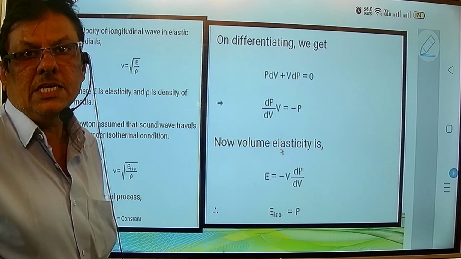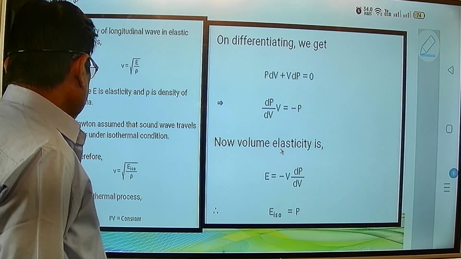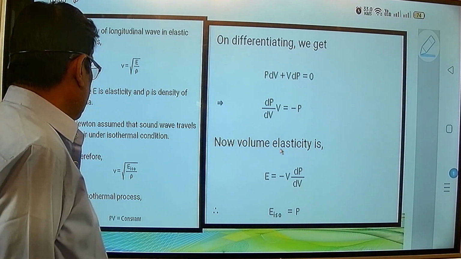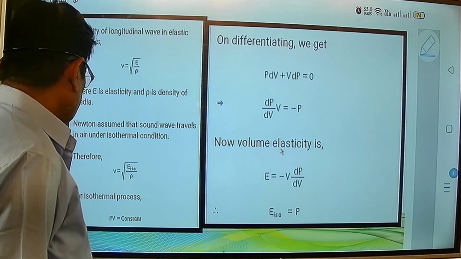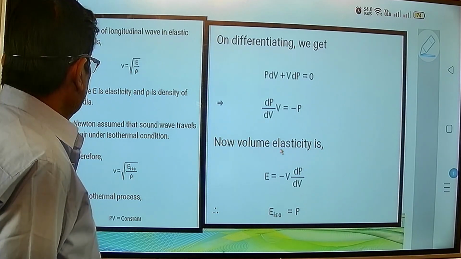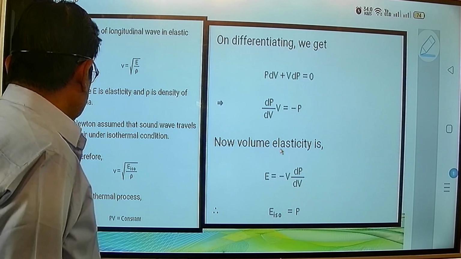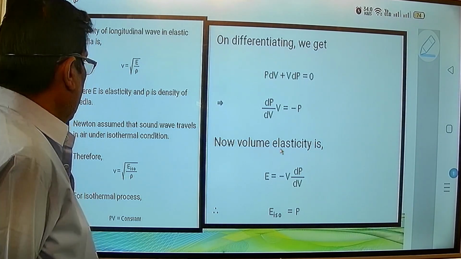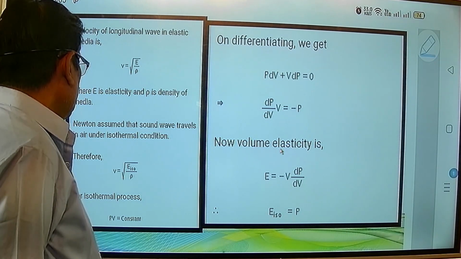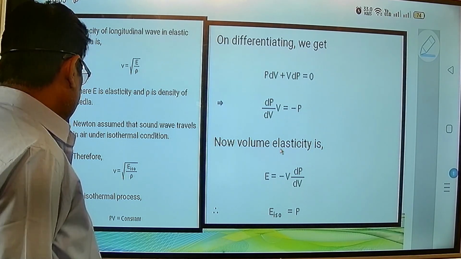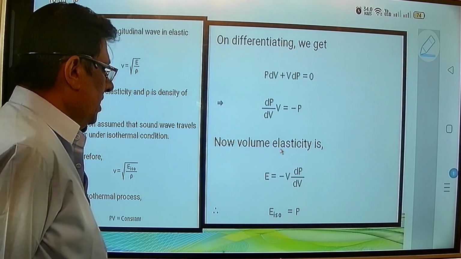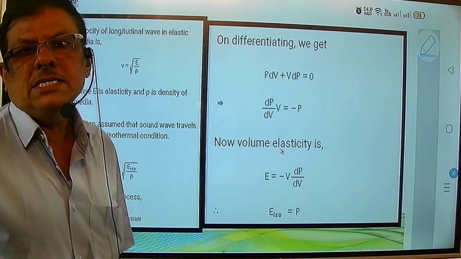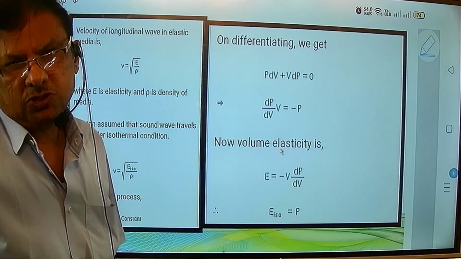Now here E is called the elasticity and rho is called the density of the medium. It was given by Newton, and Newton assumed that the sound wave travels in a condition known as isothermal condition. Isothermal condition means what? It is a condition where the temperature remains constant.